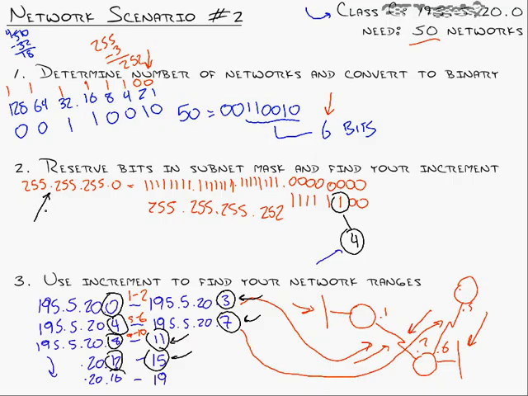Now, I don't know if I've written it this way in the past in this series, but you'll see this subnet mask shorthand abbreviated a lot of times, a /24. Have you seen that before? When people write a Class C subnet mask up here, they might write 195.5.20.0/24 instead of actually writing 255.255.255.0.